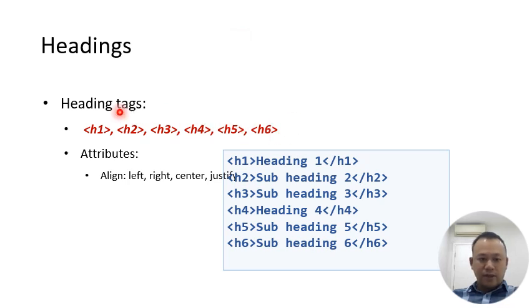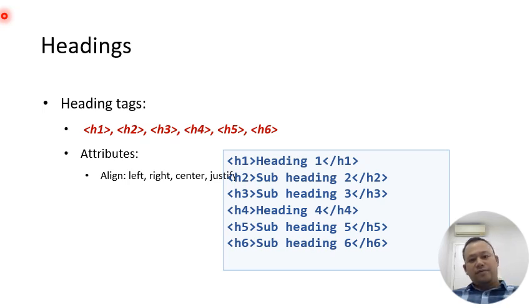First, we have H1, representing the most important heading on a page, usually the main title. And we have H2 through H6, which represent subheadings of decreasing importance. They provide a way to organize content and visually indicate the hierarchy of information.